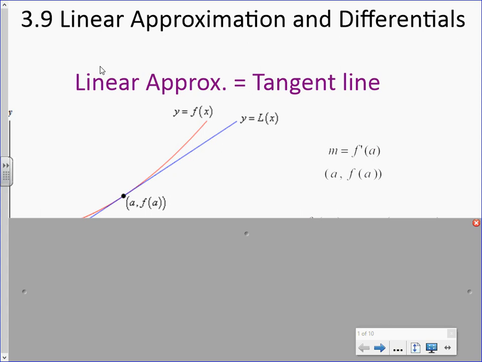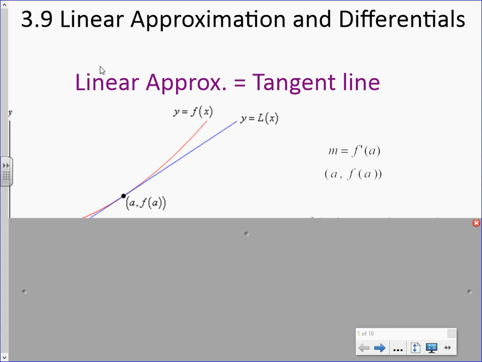Linear approximation. We draw a tangent line to a curve, and on that line, we use it to approximate a value, okay? So when you're in calculus, that's what I want you to think about, okay?